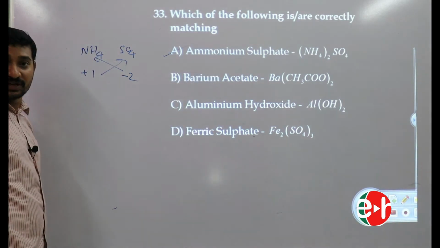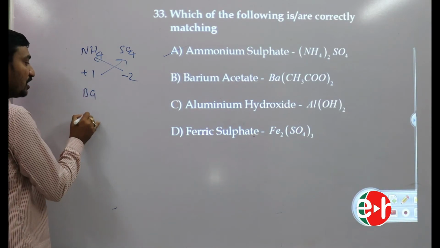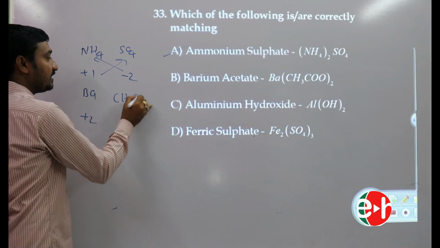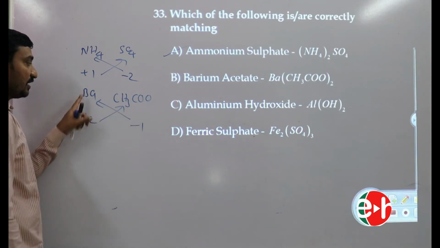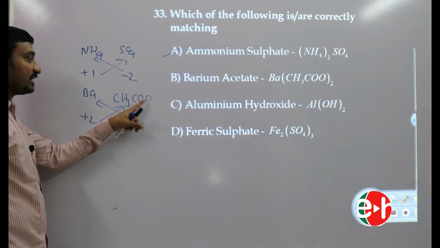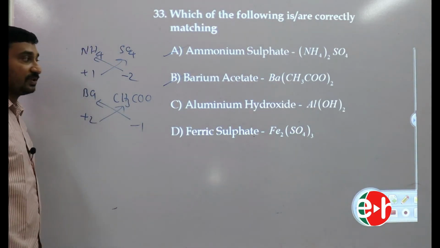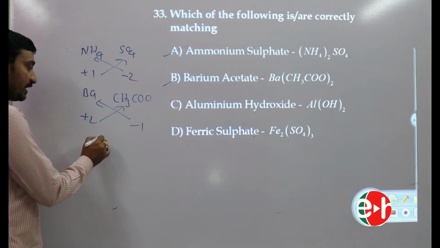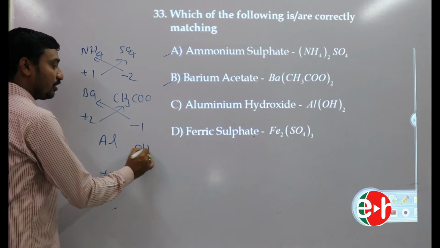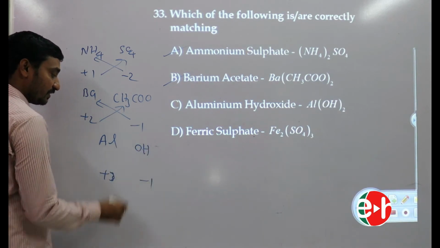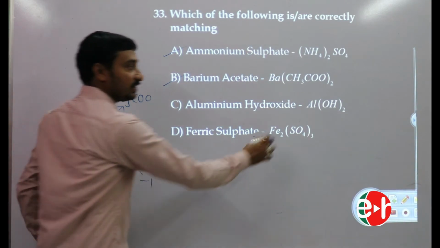Next, barium acetate: barium charge plus 2, acetate CH3COO minus, crisscross gives Ba(CH3COO)2. This is also correct.